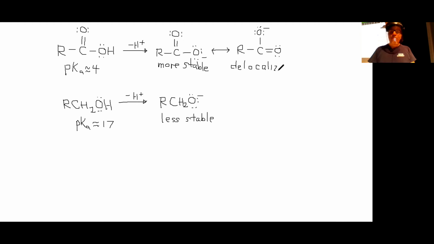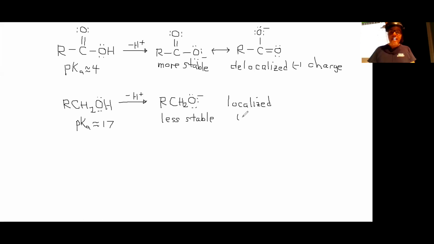Anything you can do to spread out that negative charge over a larger surface area will mean less electron-electron repulsion. Whereas over on this alkoxide ion, this now is the conjugate base of the alcohol, that minus charge is localized on that oxygen. It's just sitting on that one atom. Nothing else is helping that oxygen to bear the minus charge.